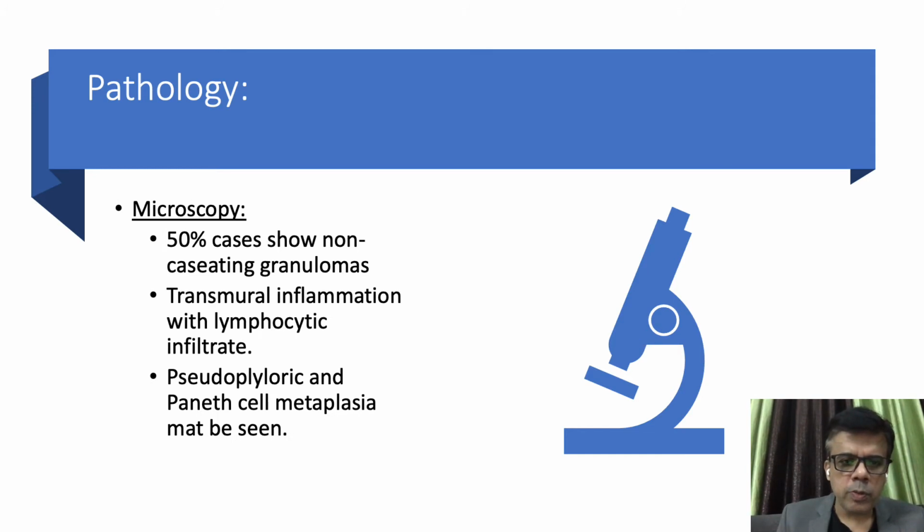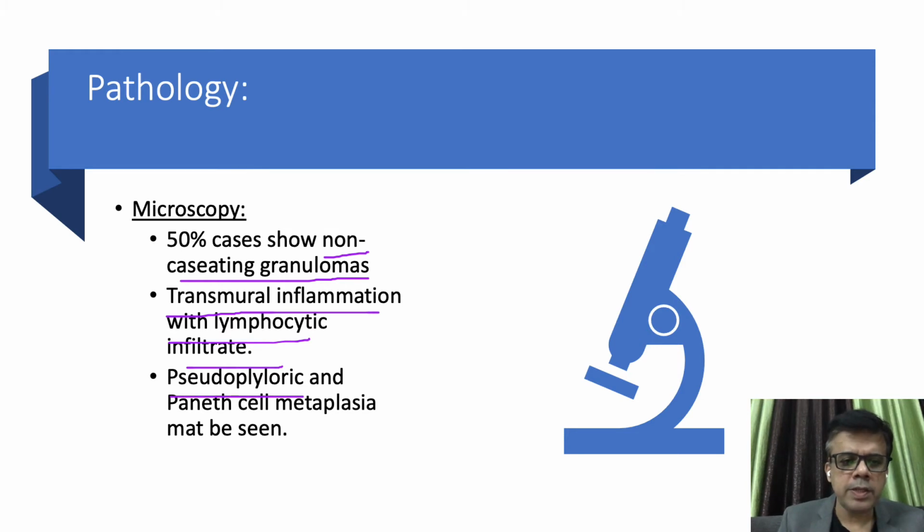Coming to the microscopic features, the majority of the cases show non-caseating granulomas, which is in contrast to the caseating granulomas in infectious diseases like tuberculosis. Here you get transmural inflammation with a dense lymphocytic infiltrate, maybe accompanied by a plasmacytic infiltrate as well.